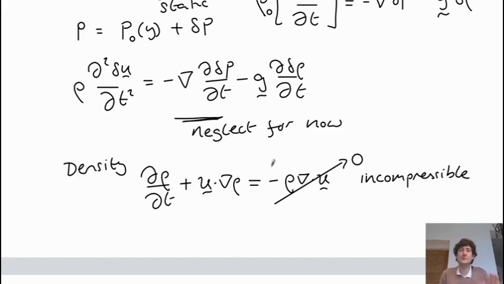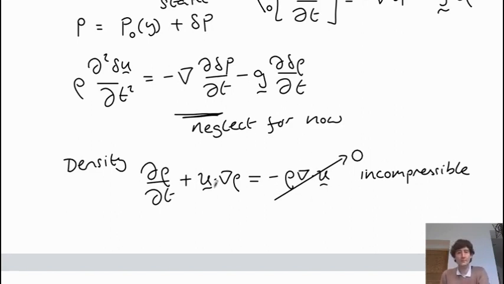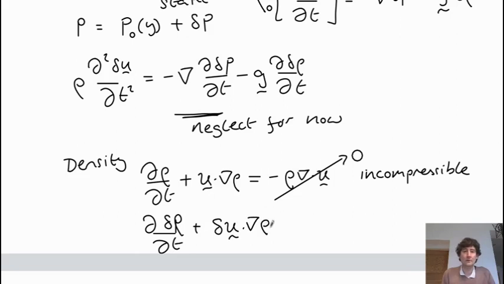Here we're looking at slow motions, so this is a good approximation. In one of the other videos I'm going to show how good this approximation is and why it's a good one. For now we just have these two terms, and linearizing, this is d delta rho by dt. The equilibrium flow is 0 in this case, so we just have delta u dot grad rho naught equals 0.